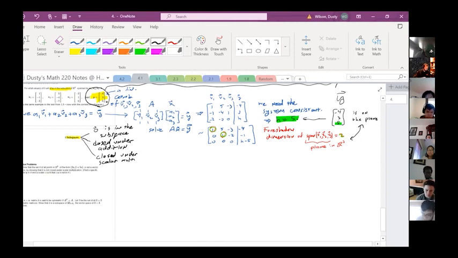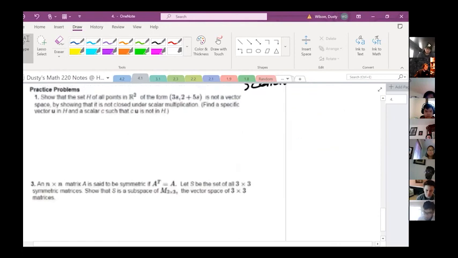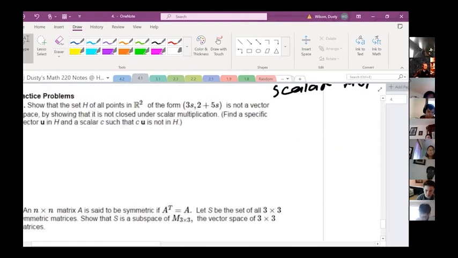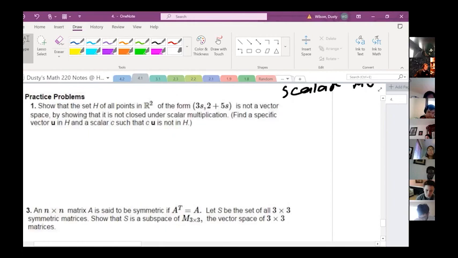Okay. So I'd like to just talk briefly about these two practice questions. I'm not going to work through these in their entirety, but I just want to give a hint on them. Practice question number 1 says show that the set H of all points in R2 of the form 3s, comma 2 plus 5s is not a vector space by showing that it is not closed under scalar multiplication.